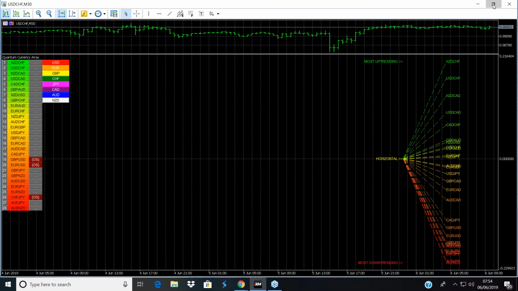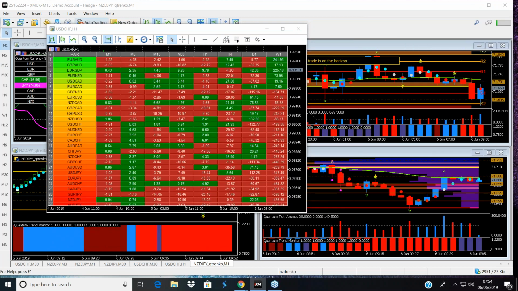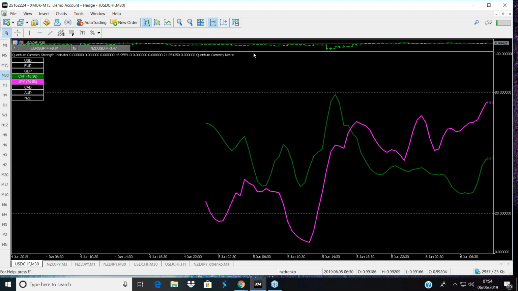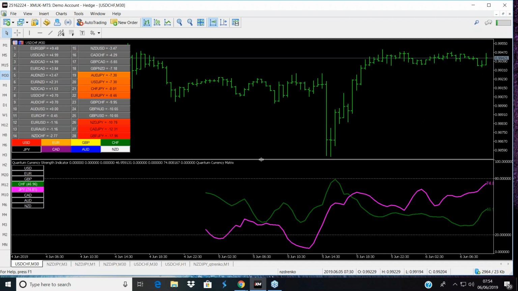And what I have here are the other indicators from the currency dashboard, which is the array and the heat map. And in fact, with the CSI, I've put the matrix on the same chart, because what the matrix does is tell me which of the yen pairs I was considering have been moving the most, as it were.